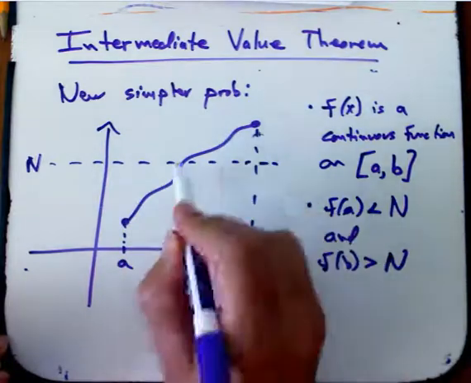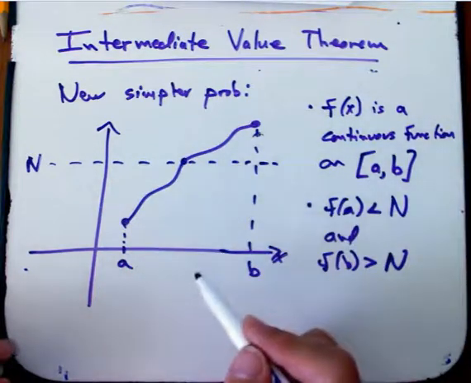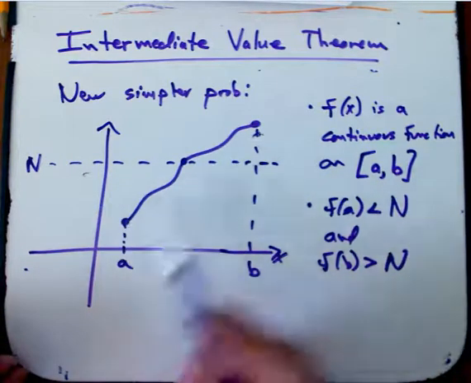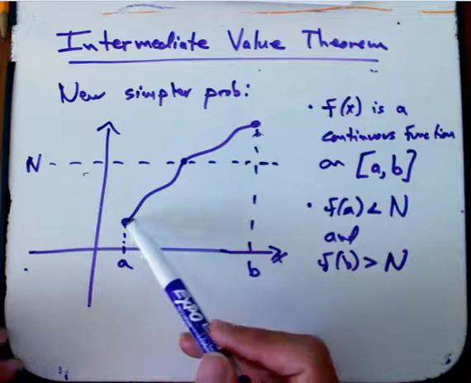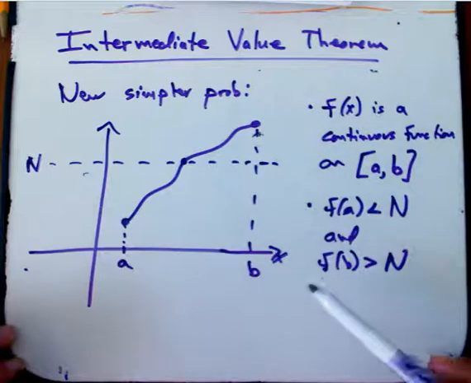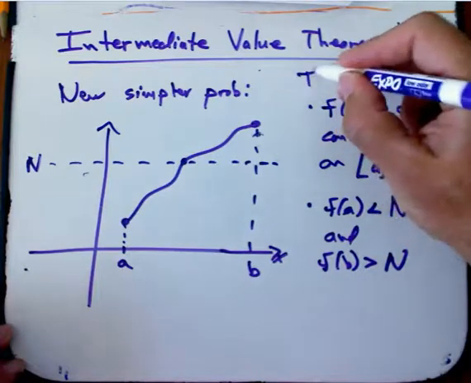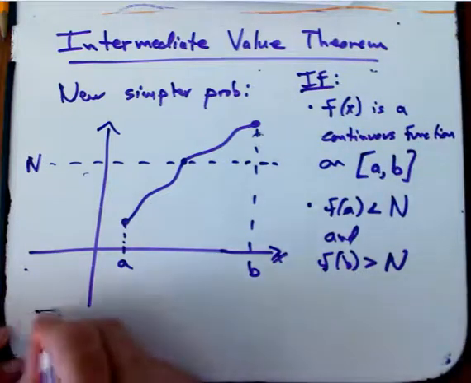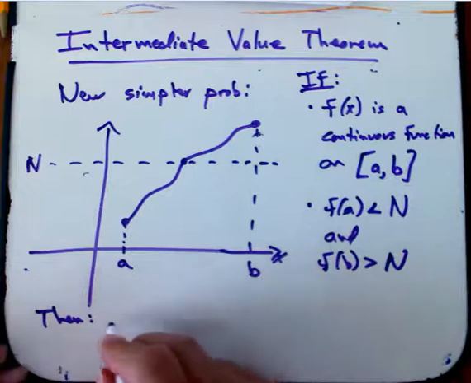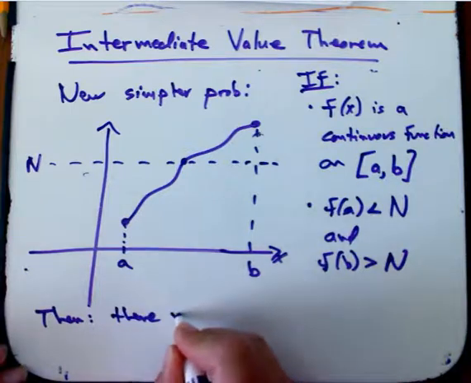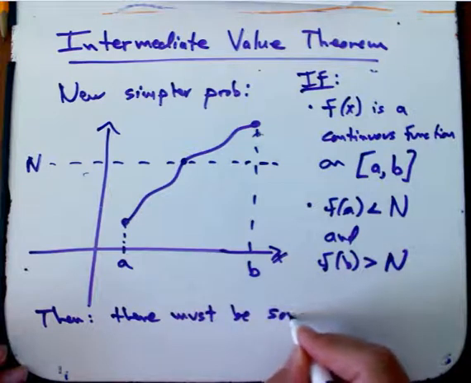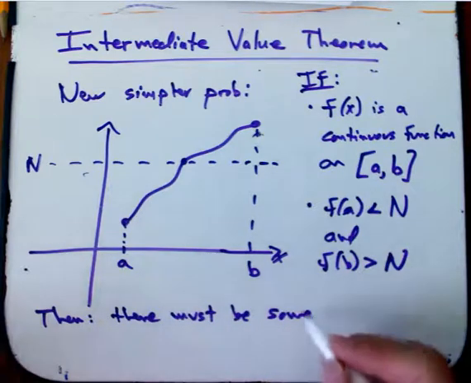That it must eventually cross that level. So there's nothing special about n except that it's something that we change sides of between the start and end of this interval. So if these two things are true, then there must be some crossing, and we just want to name it explicitly.